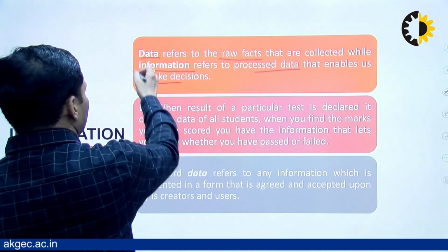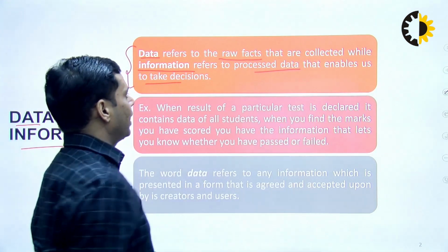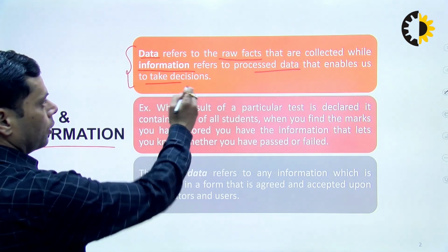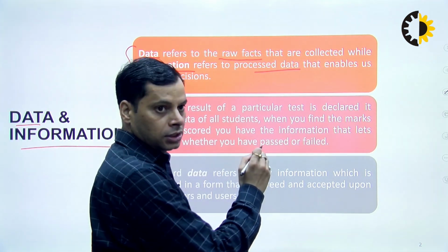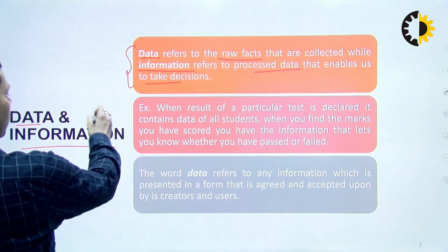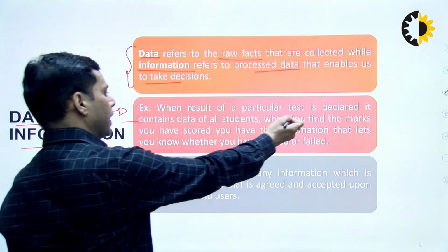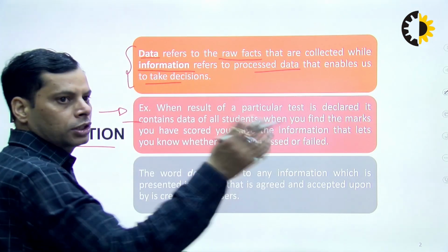So simply, data refers to the raw facts that are collected, while information refers to processed data that enables us to take some decision. For example, when the result of a particular test is declared, it contains the data of all students.